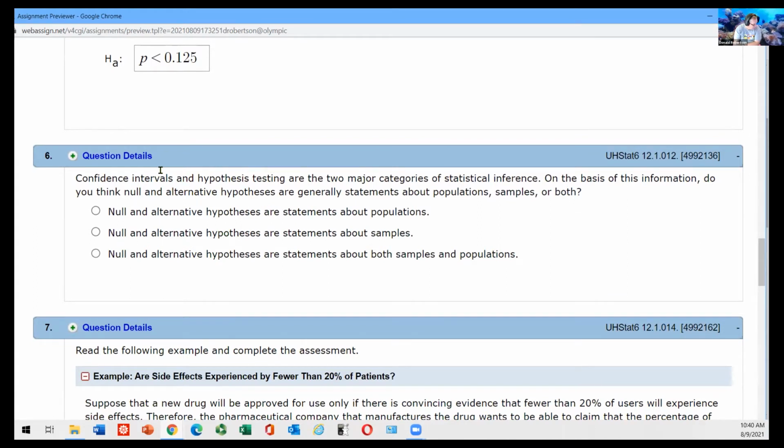Confidence intervals, what we've done, and hypothesis testing, which we're about to do, are two of the major ways we do statistical inference, how we prove things. On the basis of this information, do you think that the null and alternate hypotheses are general statements about populations, samples, or both? They're both talking about the entire population.